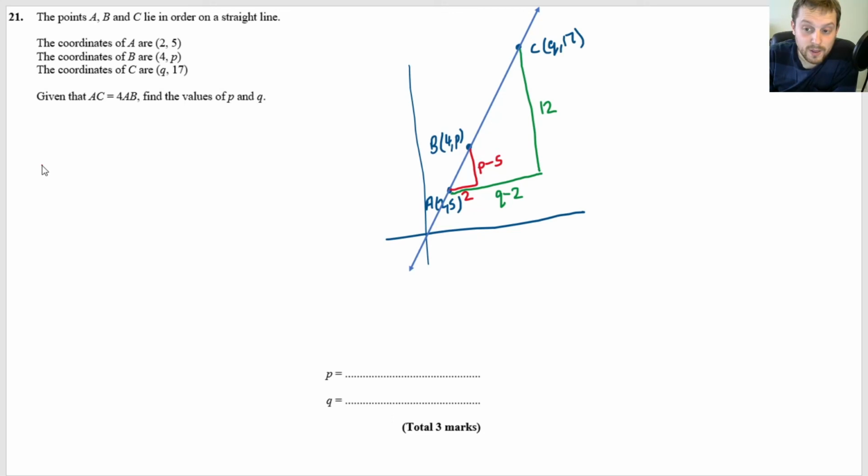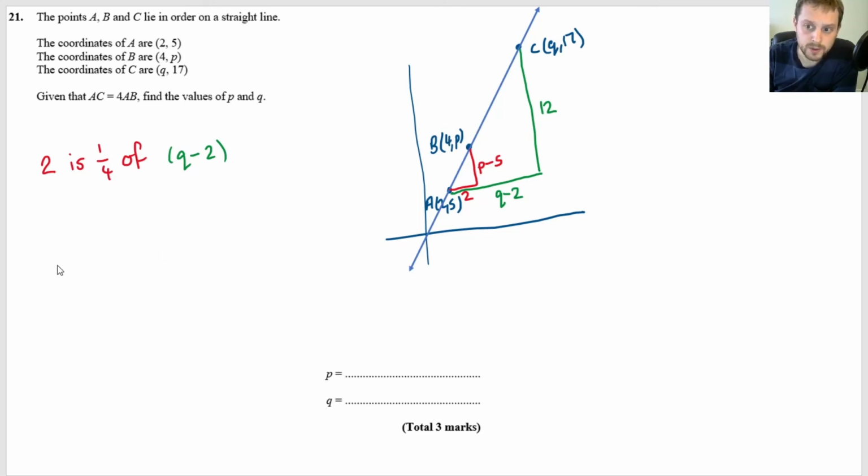So the red 2 is a quarter of the Q minus 2. Okay? Because whatever this distance is, if you times it by 4, you should get this distance, because of the way straight line graphs work, actually.